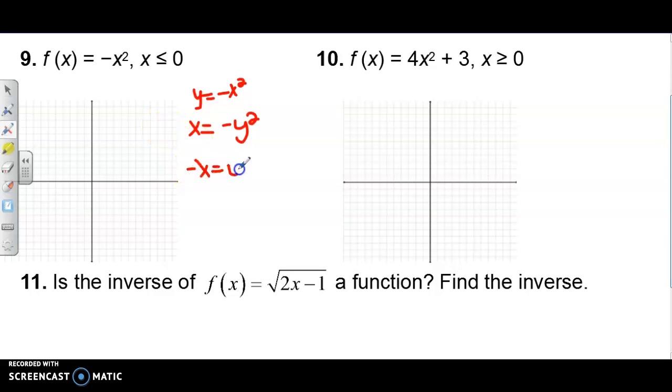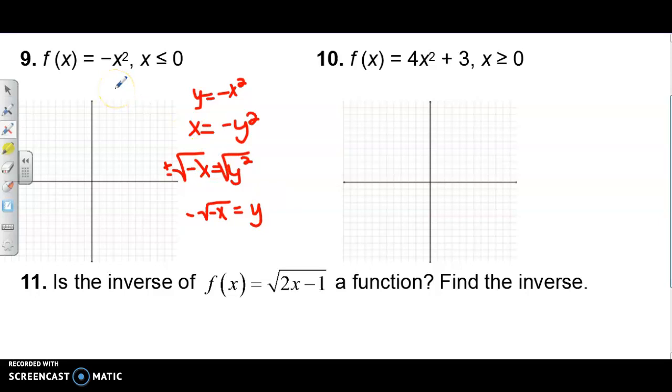You get negative x equals y squared. And then when you take the square root of both sides here, remember it's going to become plus or minus. Now, it says here that the domain has to be less than or equal to 0. So that means that the range has to be less than or equal to 0 here. So we're actually just going to have the negative square root of negative x equals y.